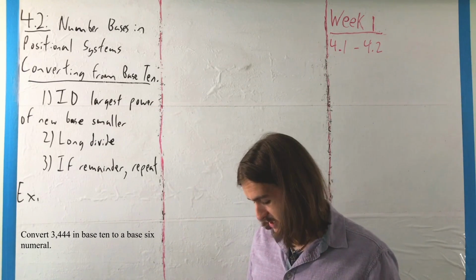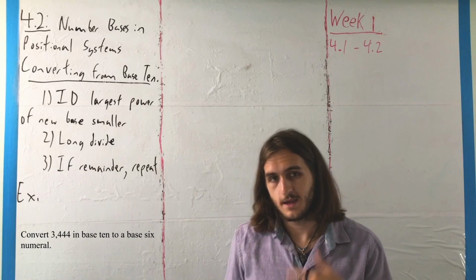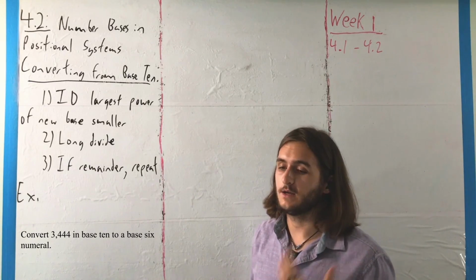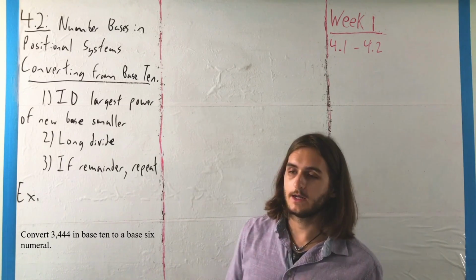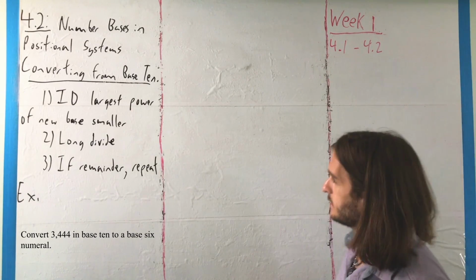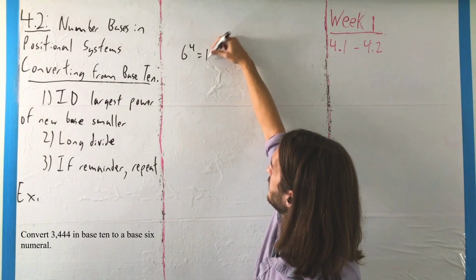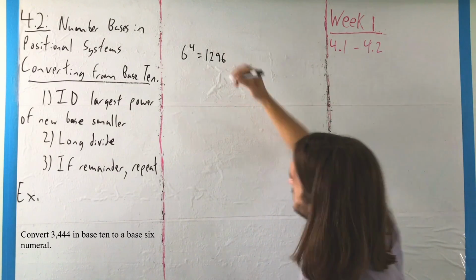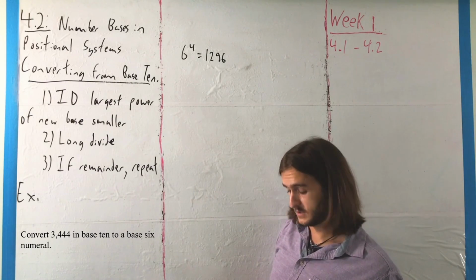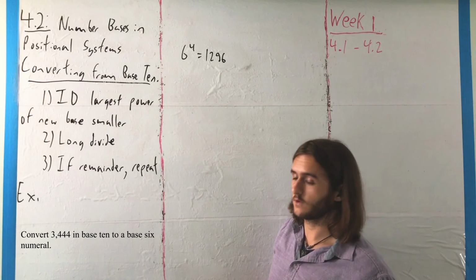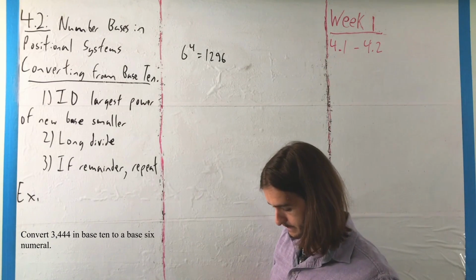Anyway, what we need to do here is identify the largest power of 6 that fits inside 3,444, where in this case, that would end up being 6 to the 4th, or 1,296. If we went one bigger, we'd be getting a bit above 7,000, which is obviously a bit above 3,444, so we just have to work with that as the best we're going to get.